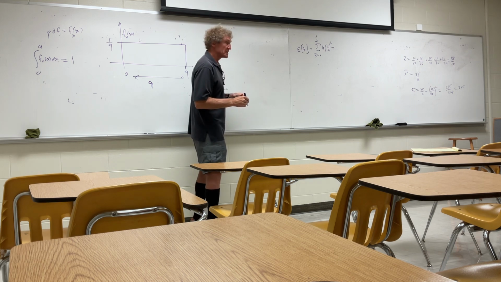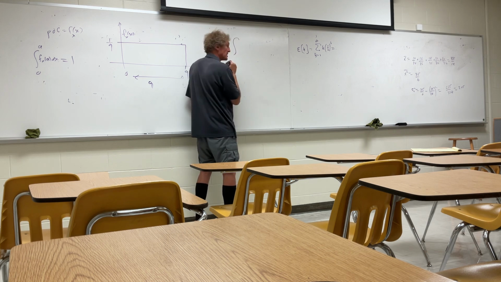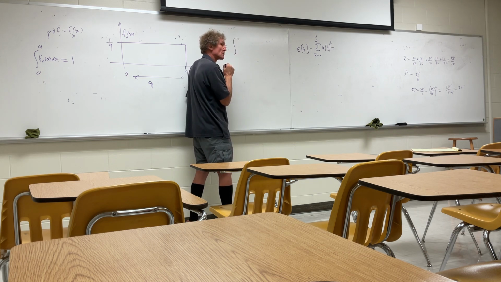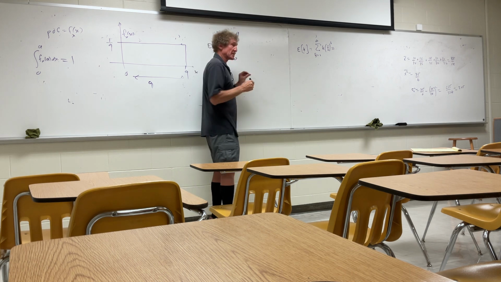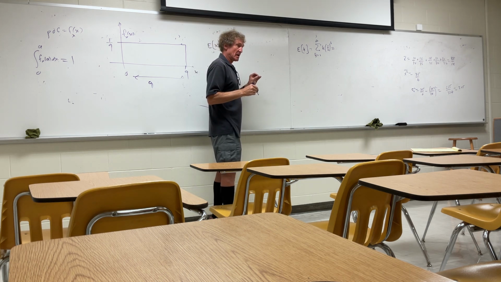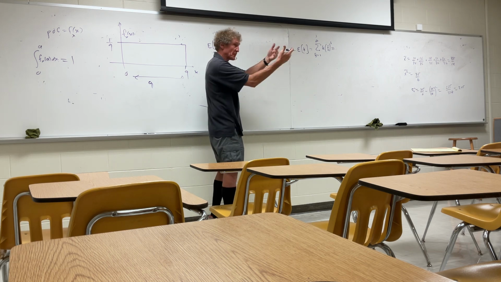Well, mathematically, this is not a summation, it's an integration, right? So it's an integration over the total possible ranges of the value x from 0 to 9. Do you agree with that? All right, now what do you put in? Expected value would just be the function of x, right?